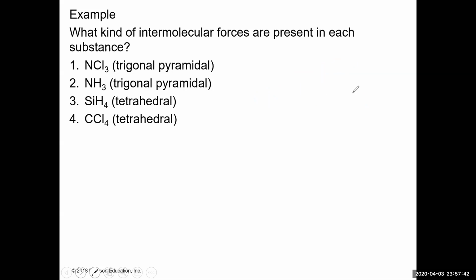If we look at the compound SiH4, we're already told this is a tetrahedral structure. We can also figure that out. We see that silicon will be our central atom, and it forms a tetrahedral structure with the 4 hydrogen terminal atoms.